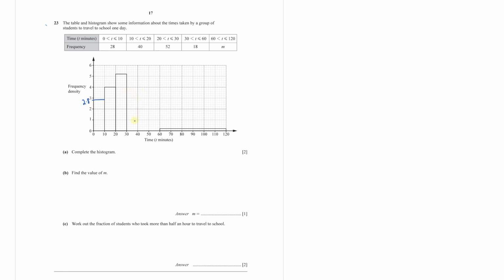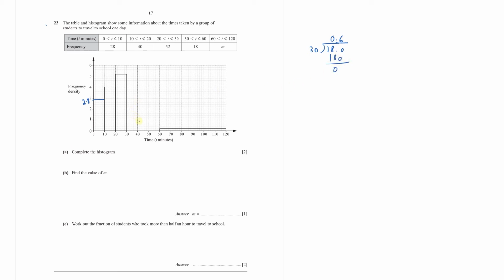And then the second bar that we have to add is for the interval 30 to 60. Since 18 is the frequency here, we have to divide 18 by the interval length, which is 60 minus 30, that is 30. 18 is less than 30, so you add a decimal here, and 30 times 6 is 180.